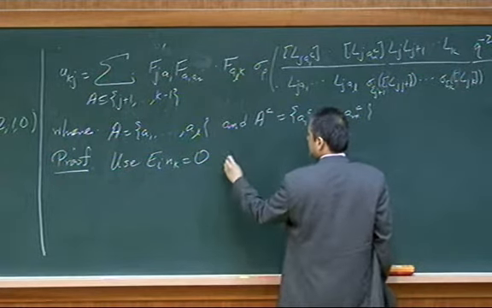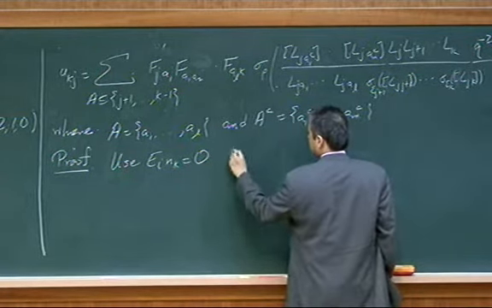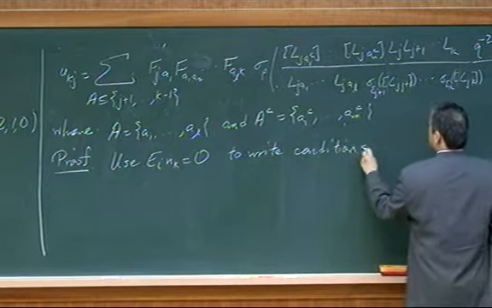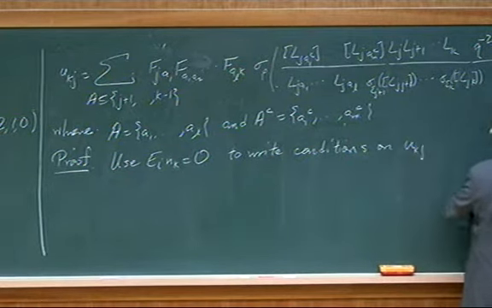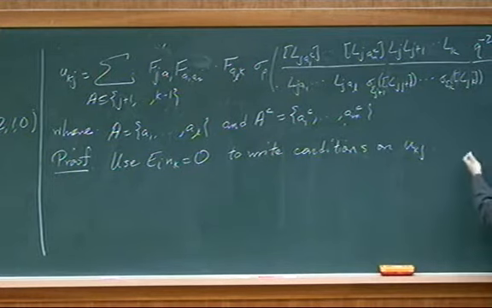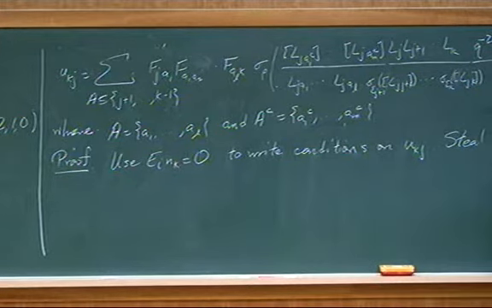So you use these to write conditions on the UKJ. And then you look in Brundon's thesis and steal the formula from Brundon's thesis.